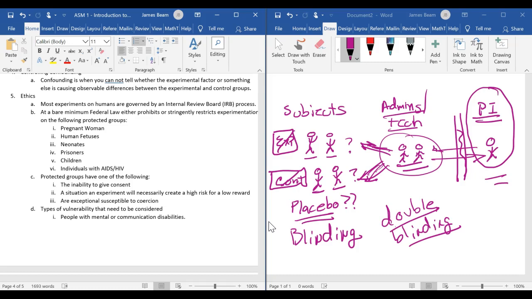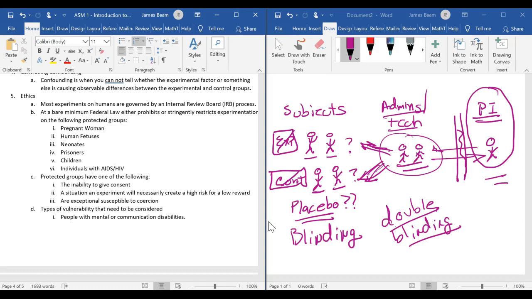They're pretty crazy. We don't experiment on children. Again, there was a lot of not so cool experiments done on children in the 40s, 50s, and 60s. But we're a little bit better about that. And individuals with HIV and AIDS are actually federally protected. So we have to be very careful with that particular population.